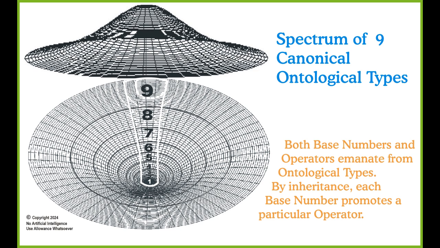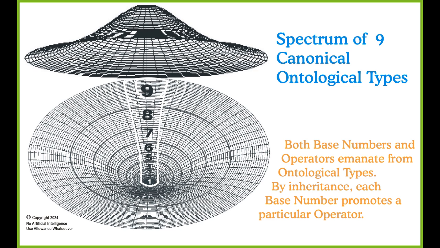Lastly, as I've said before, the canon of ontological types subsumes the numeric order, and presides the instantiation of the elements of the number base. Any number base you might want to consider. Reason why, when it comes to the decimal number base, each base number is attributed an operator type.